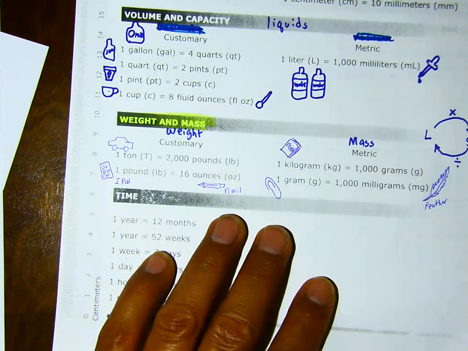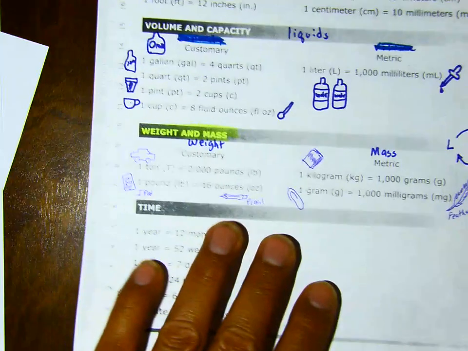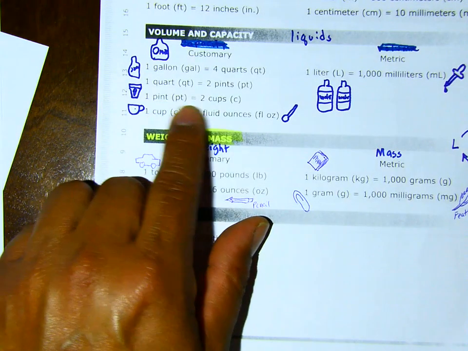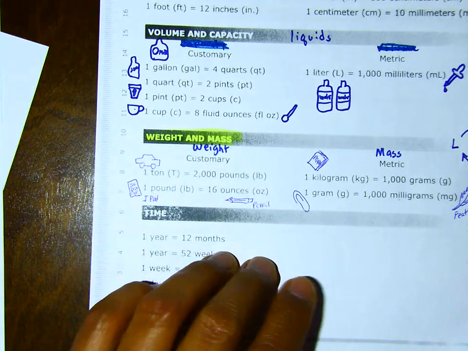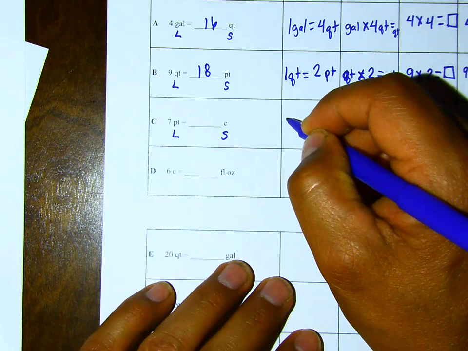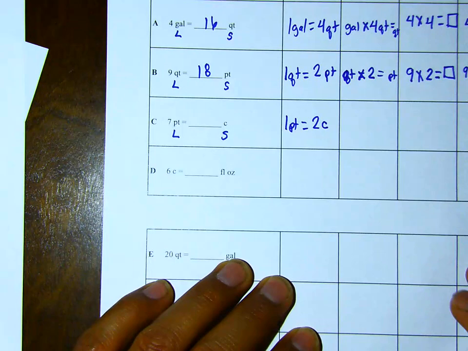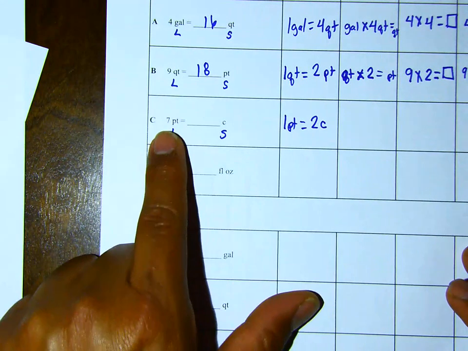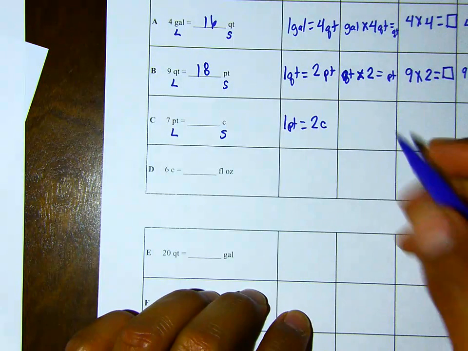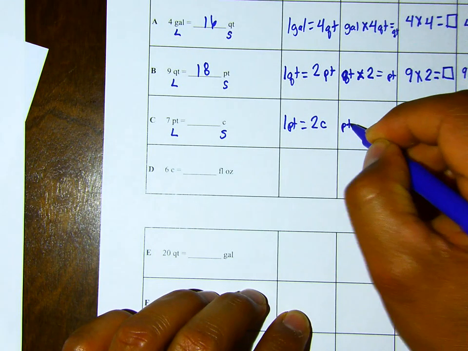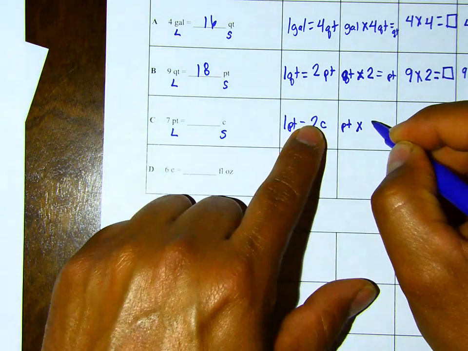How many cups are in a pint? So 1 pint equals 2 cups. So I know I'm going to multiply because I'm going from large to small. So I'm going to multiply whatever number of pints we have times 2.